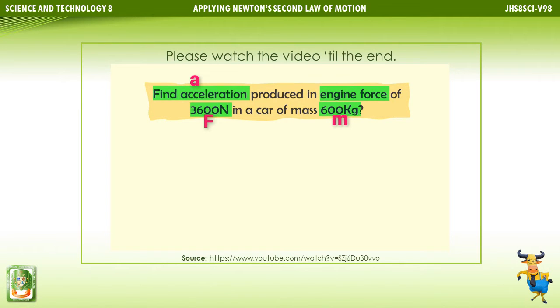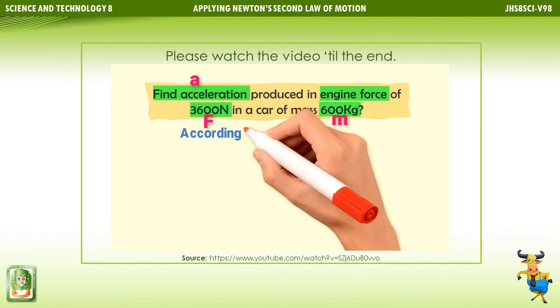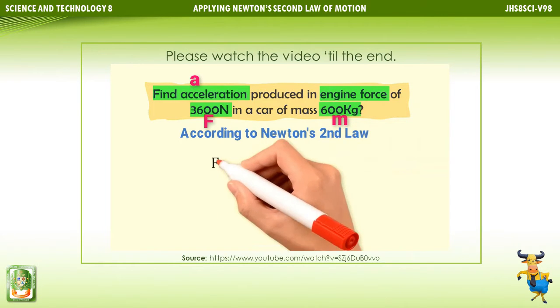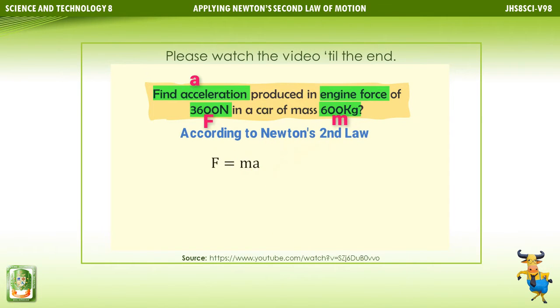Here in this numerical, we are again given three variables, F, m, and a. According to Newton's second law, F is equal to ma. We need to find the acceleration a of the car. So shift this m from the right hand side to the left hand side. a is equal to F upon m.